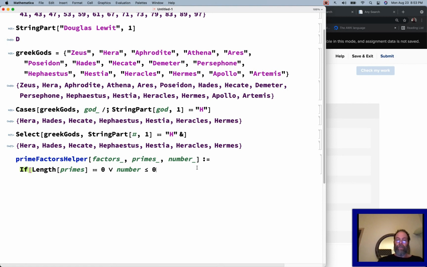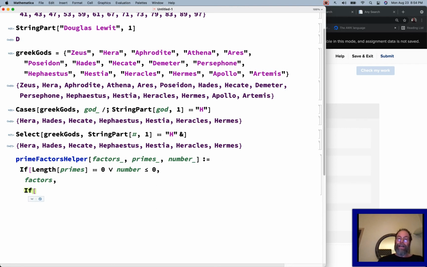Then simply give me back the list of factors. So if I've used up all the numbers in my primes list, or my number is less than or equal to 0, give me back the factors. Okay.